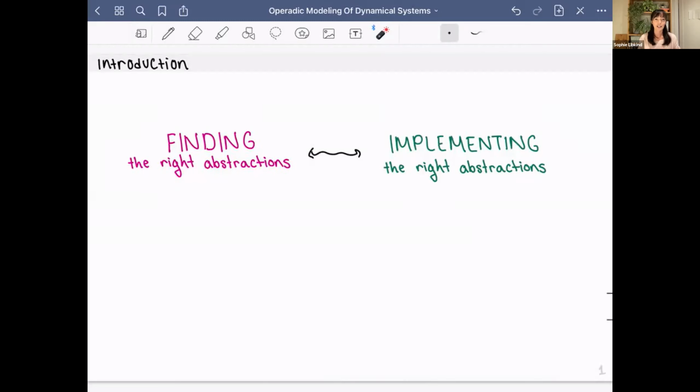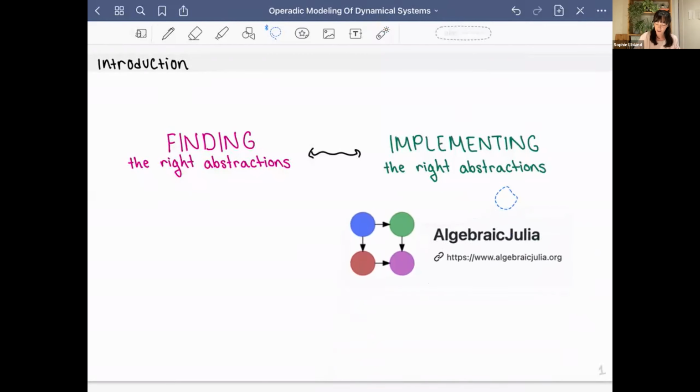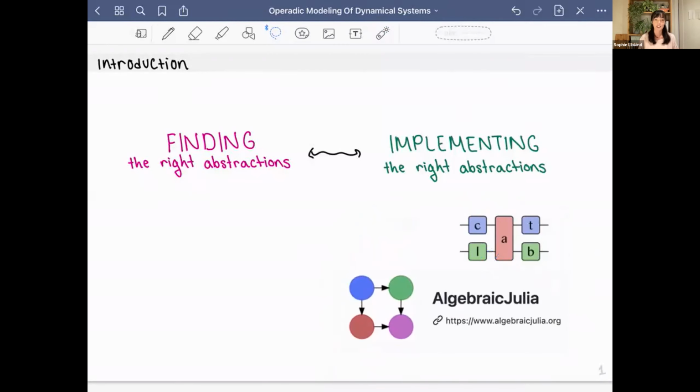A second part of finding the right abstraction is implementing the right abstractions: turning those mathematical objects into computational tools or other implementations that are really useful and practical for scientists. Some of the recent work in CatLab and the AlgebraicJulia ecosystem, which is an ecosystem of different packages in the Julia language, has been implementing the right abstractions that applied category theorists have been finding and working with for many years.